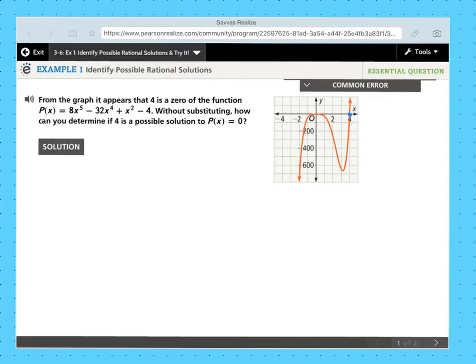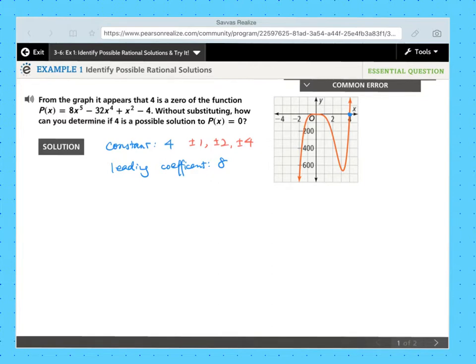So for 4, I'll have positive 1 and negative 1, positive negative 2, and positive negative 4. For 8, I have the same, and I have one more, positive negative 8. Okay, so you have to list this out first.